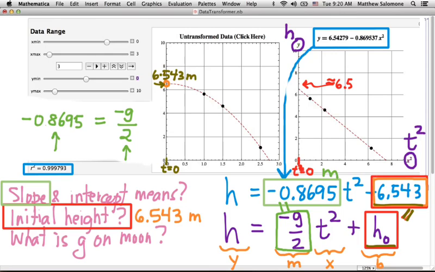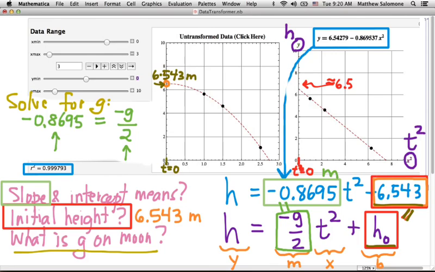So we're just matching up piece by piece the linearized equation that we got for best fit and the model equation that we started with. And by matching up minus 0.8695 with minus g over 2, we can now answer this final question, what is the value of the acceleration due to gravity on the moon, just by solving this equation for g.